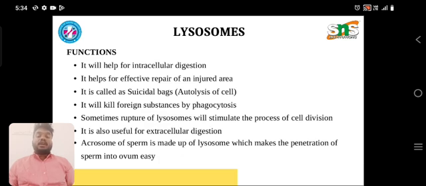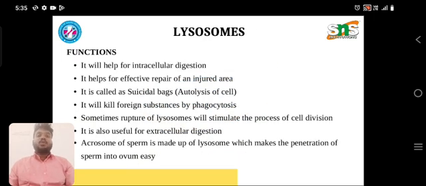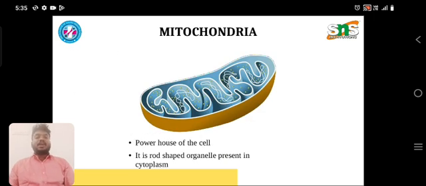The main purpose is to digest waste materials and destroy old and damaged organelles, and it is also called the suicidal bag of a cell.